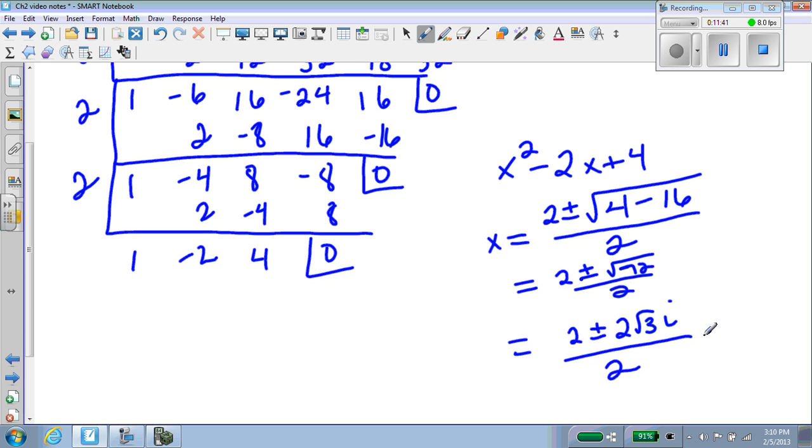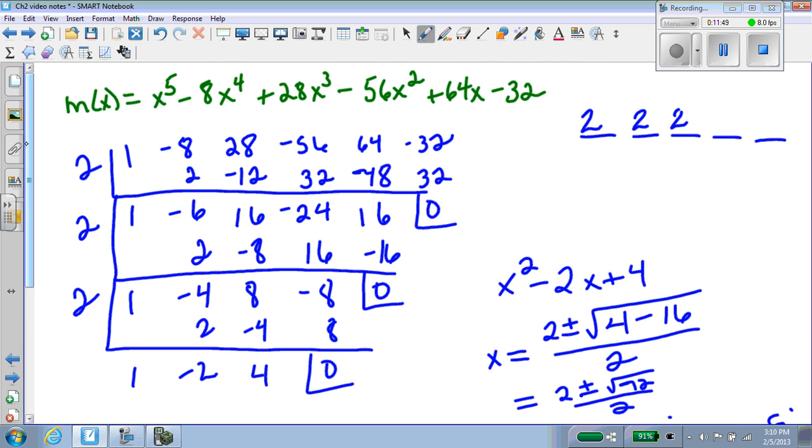Again, I can factor out a 2 and cancel it with the denominator, so 1 plus or minus root 3i, 1 plus root 3i, 1 minus root 3i.